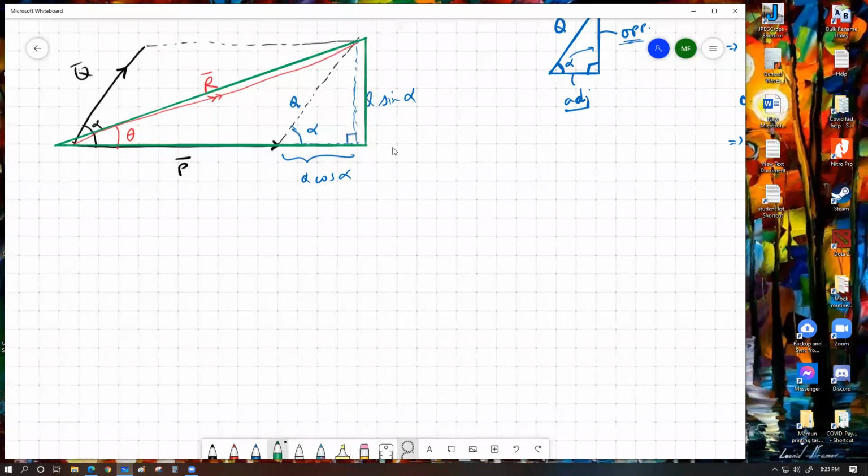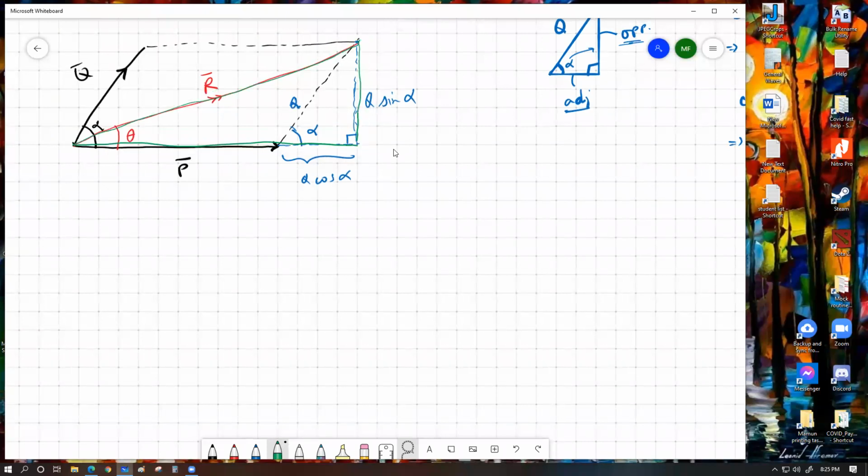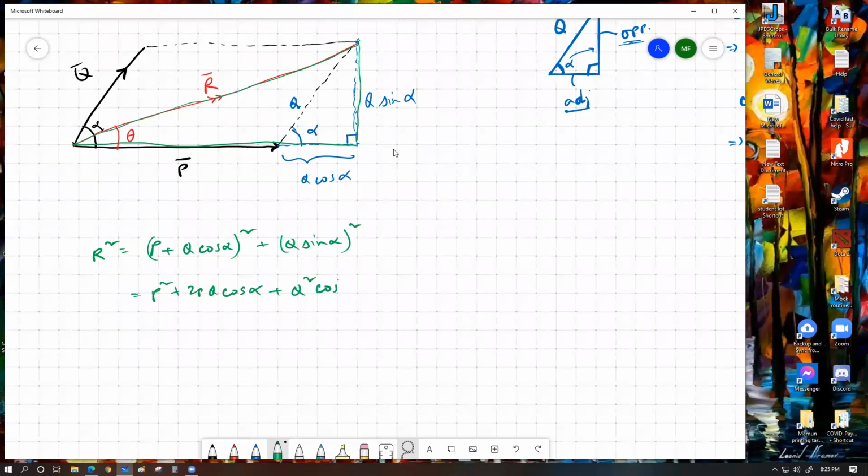I cannot squash this, so I'm going to do Control Z. So if we apply the Pythagorean rule for this triangle, I'm going to write r square equals to p plus q cos alpha whole squared plus q sine alpha whole squared. I want to start working on this. This is p squared plus 2pq cos alpha plus q square cos square alpha.